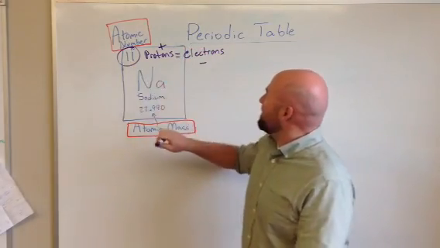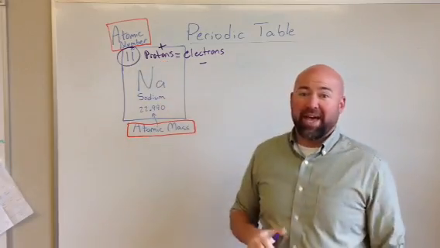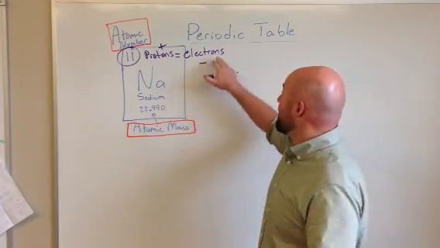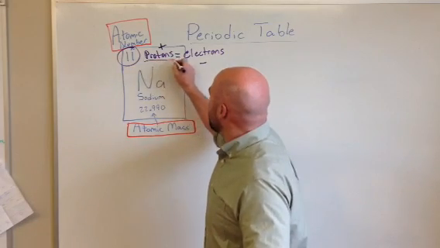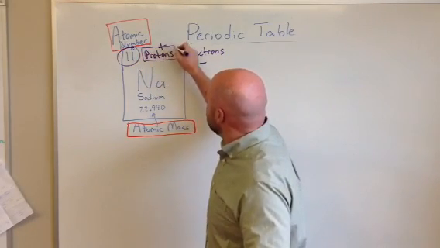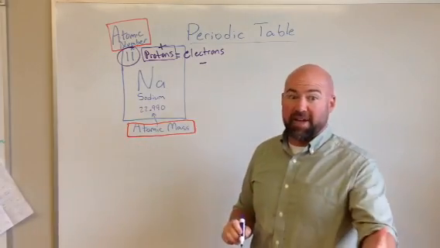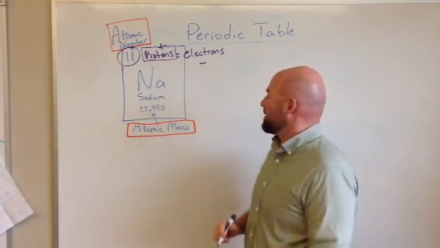So 11 stands for the number of protons that we have, and for our case, the number of electrons as well. But we can think of it most primarily as the number of protons, because electrons, as we remember, can vary. We can have more or less.